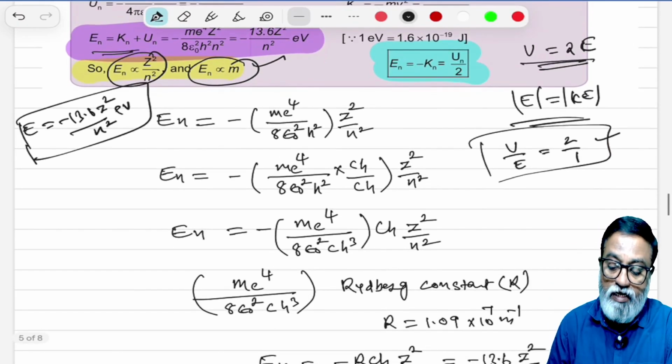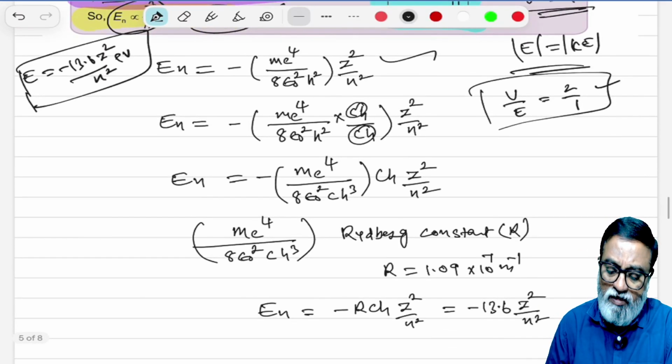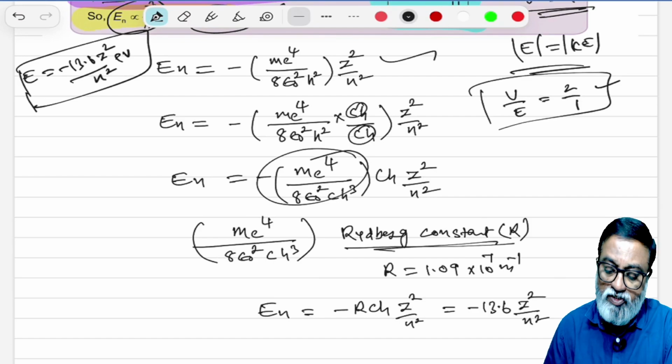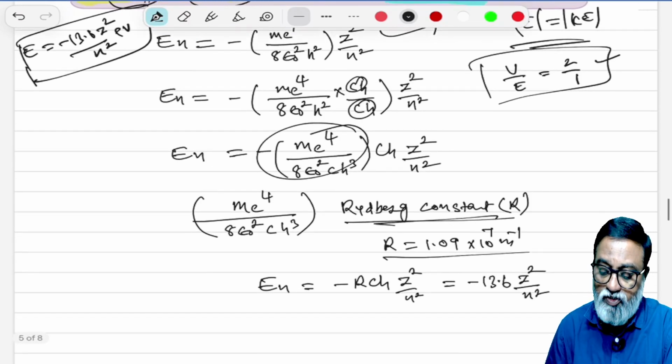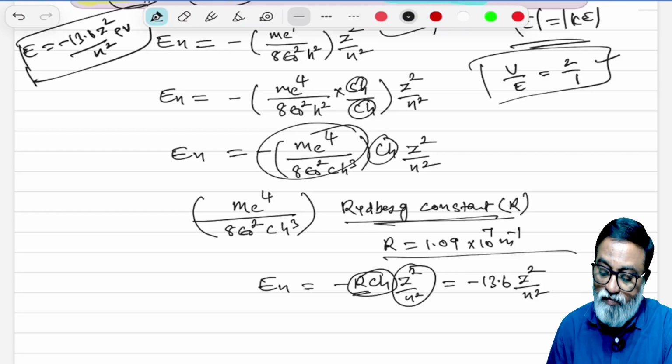For this total energy, I am multiplying with c h and dividing by c h. After that, this term is nothing but the Rydberg constant. This Rydberg constant is 1.09 into 10 to the power of 7. Therefore, this is Rydberg constant R. Here is the c h, Z square by n square. Therefore, R c h value is 13.6.